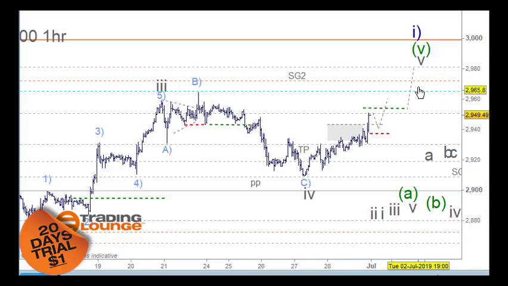And our target would be further to the upside here at the 3,000 area. Yeah, let's just wait and see. We can short it if, let's not forget about that, if this low here is breached. So we can lift that up a little bit, but we certainly want to see it breach from that point.